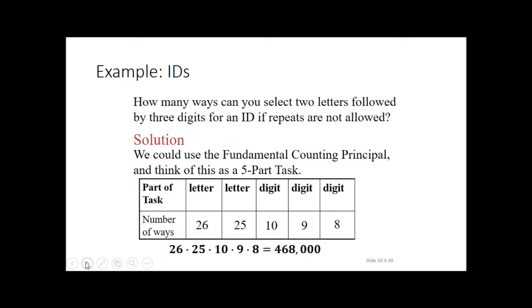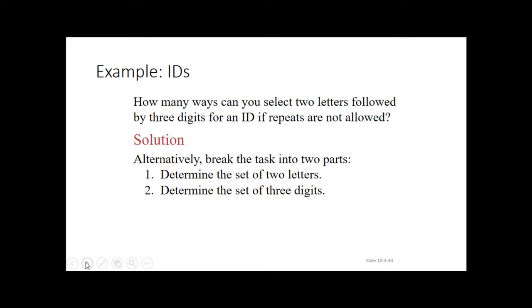But we also could instead think of breaking the task down into only 2 parts, where we're selecting the 2 letters out of 26 and the 3 digits out of 10. So what that would look like is 26p2, because we're using permutations, because the order matters, repetition's not allowed, and we're selecting only 2 of the objects out of the 26.